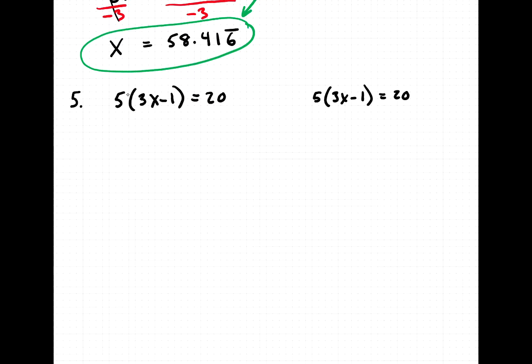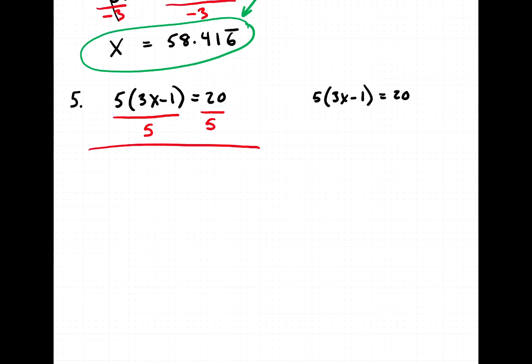So if I want to eliminate the 5, the 3, and the 1 one at a time, how can I get rid of this 5? Well, there's a couple different ways that we could do that. That's multiplication, 5 times the quantity 3x minus 1. So the opposite of times 5 is divide by 5. And whatever we do to one side, we have to do to the other.